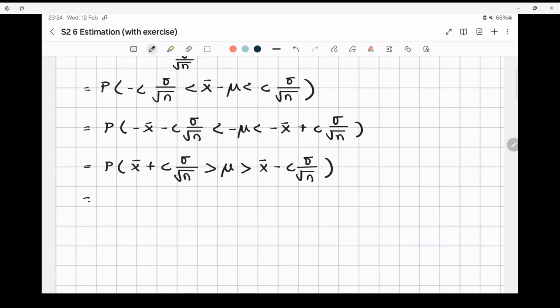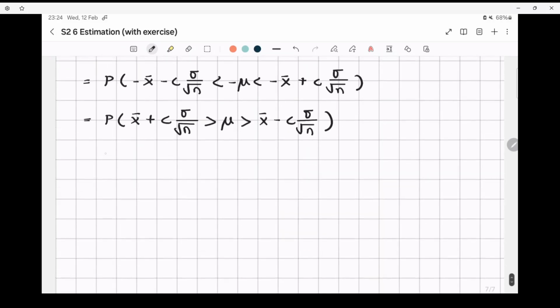So in the end, you would get x bar minus c times sigma divided by square root n, and then mu, x bar plus c times sigma divided by square root n.